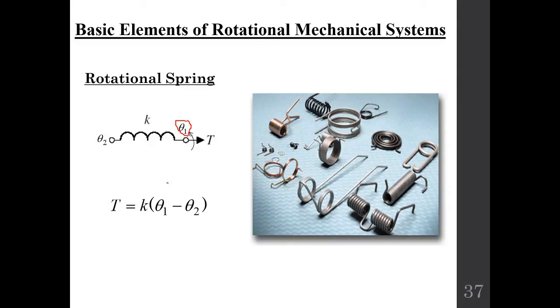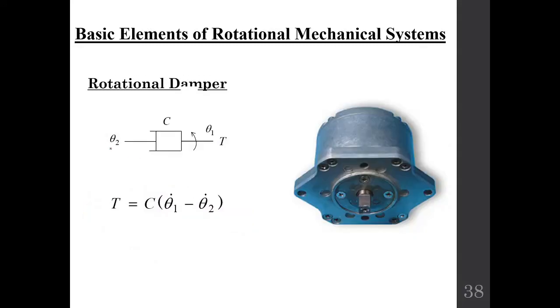If you want to find the equation of motion, then whenever you are talking about rotational motion, we always have to deal with torque. In the case of the rotational spring, the required torque will be equal to K, the spring constant, times (theta 1 minus theta 2). So the displacement of this spring depends upon the angles theta 1 and theta 2.